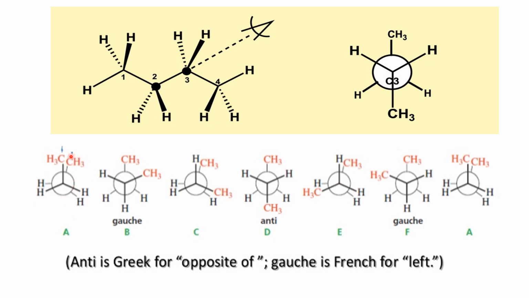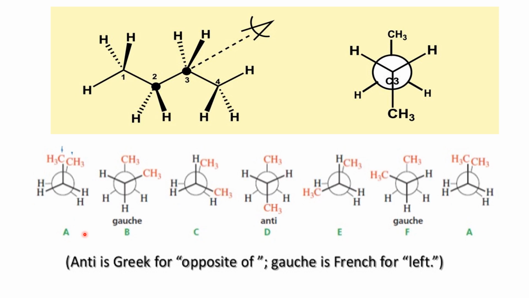So I keep the CH3 group of the second carbon atom constant, and I am rotating the C2-C3 bond so that the first methyl group and the two hydrogen atoms present on the second carbon atom will undergo rotation. See here, now the CH3 group has moved between the CH3 group and the H group. You got it? This rotation is possible so that I will get an infinite number of conformations.